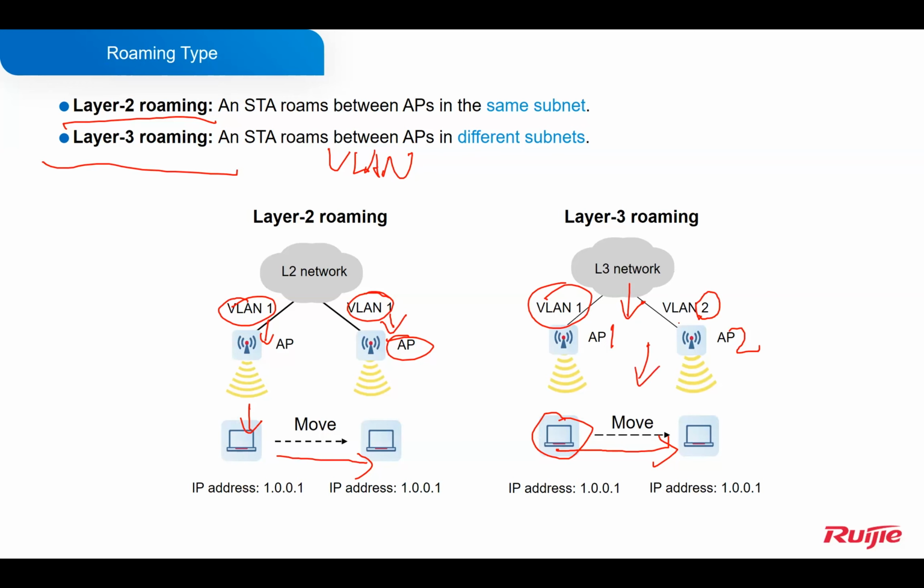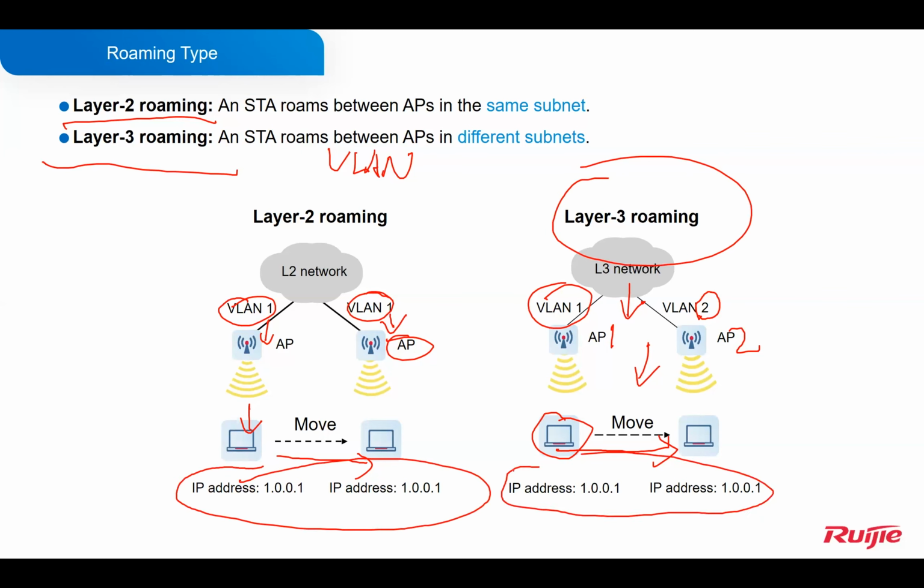If we set the AP2 VLAN information different from AP1, please remember to enable layer 3 roaming. And during this process, whether it's layer 2 roaming or layer 3 roaming, the IP address doesn't change. So this is the roaming table.